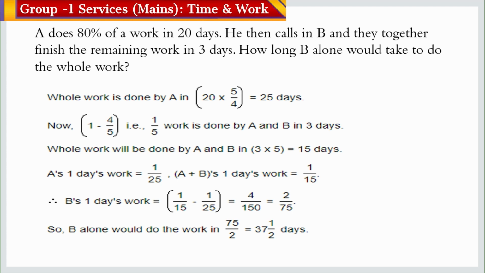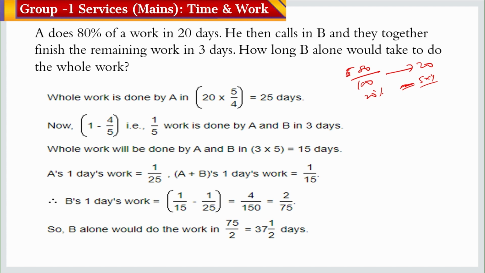Now, we will see that. The whole work done by A, 80% means here 4 by 5, 80 by 100, correct? Remaining is 20%. So 80% work is done in 20 days. 20% work, 20 means here you can say 5 fours are 20, correct.